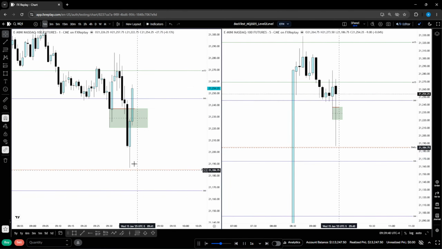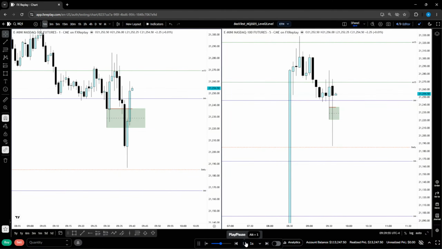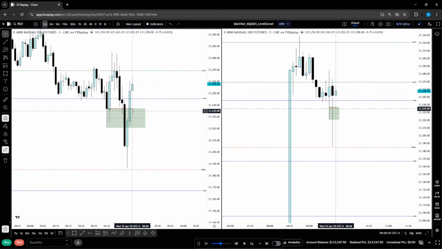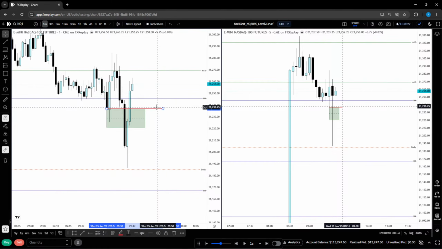Well, we already tested that daily, so okay, the 5 minutes still closed above that level. These levels, either this level or this level and this level, can be tested before pushing higher.